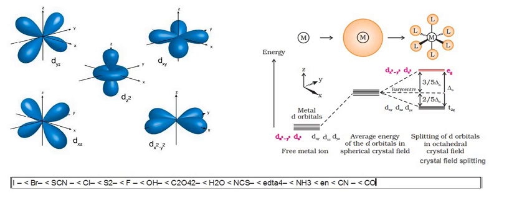The two options are: if delta O is greater than pairing energy P, the fourth electron enters one of the eg orbitals, giving the configuration t2g3 eg1. Now, ligands for which delta O is less than pairing energy P are known as weak field ligands and form high spin complexes.